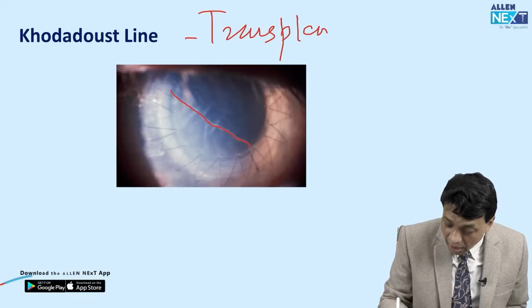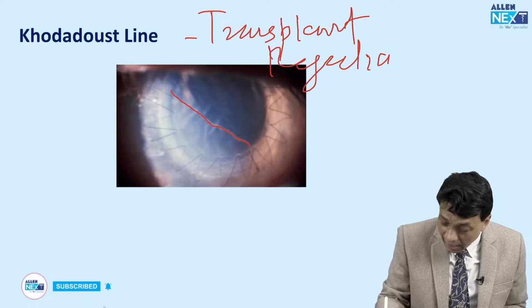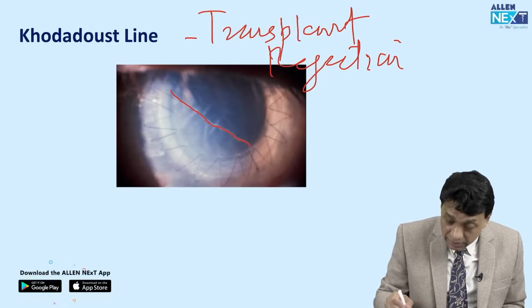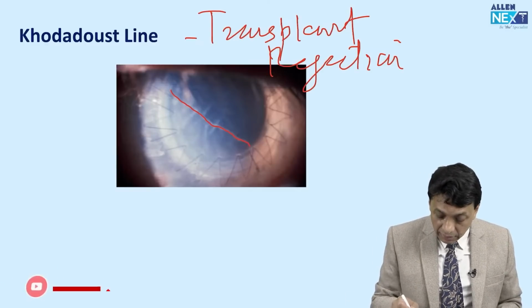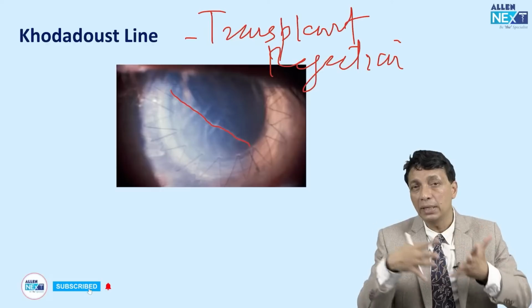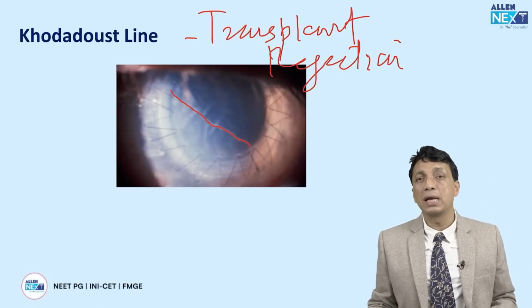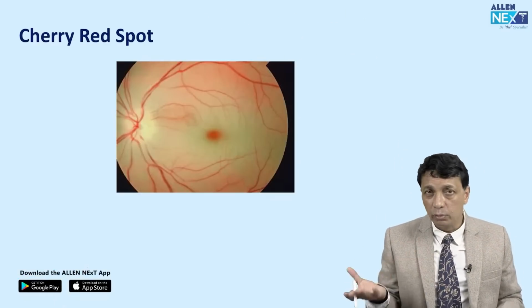Whenever you have a transplant rejection, you get this white line at the junction of the rejected cornea. You can see the corneal transplant is rejecting now. How do we know? Because you can see the corneal edema here. This is clear graft. At the junction of the clear and the edematous graft, you see this white line called the Khodadoust line, a sign of transplant rejection. Please remember, we're doing the lines now.